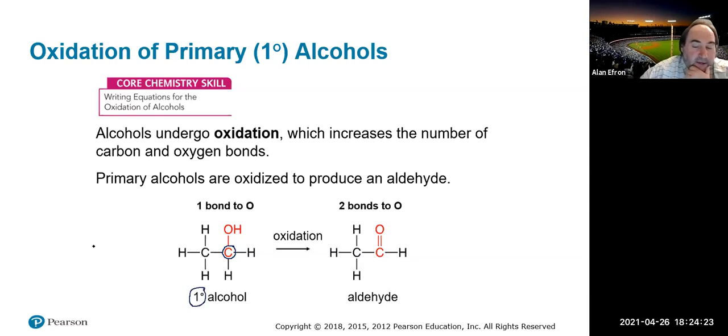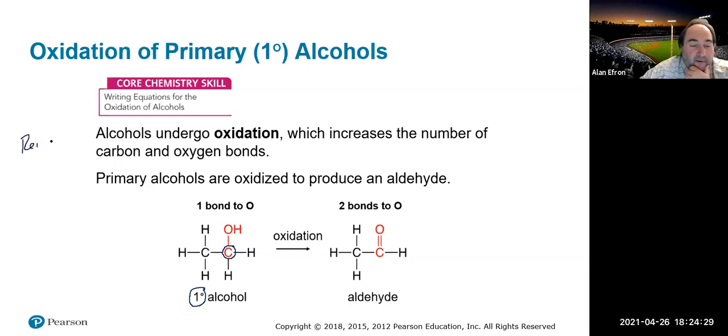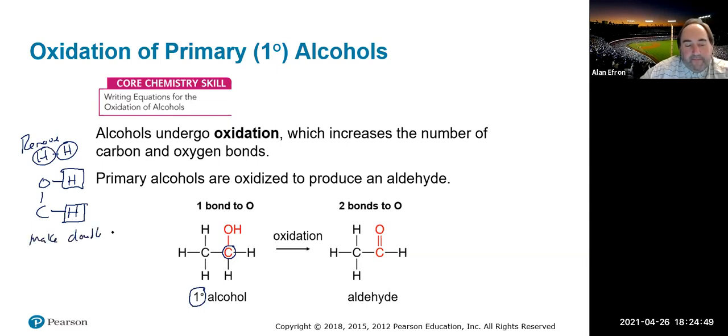We're essentially going to remove H2, two hydrogens. Where is it going to come from? It's going to come from the carbon-oxygen bond. One hydrogen from there, and one hydrogen from there will go away. And then you make a double bond between the carbon and the oxygen. So that's exactly what happens.